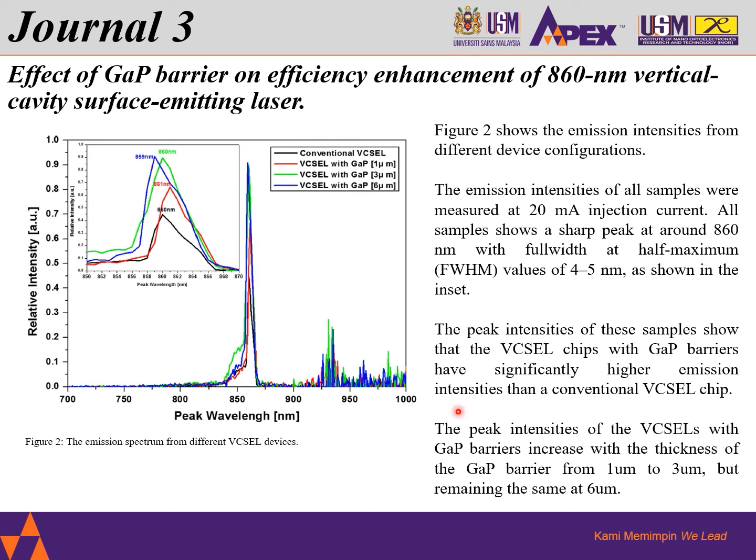And the peak intensity of the VCSEL with gallium phosphide barrier increases with the thickness of the gallium phosphide from 1 micron to 3 micron, but remains the same at 6 micron. So you can see that the blue and the green one, which is the 3 and 6, is higher compared to the red color line. And the blue and green is almost the same.